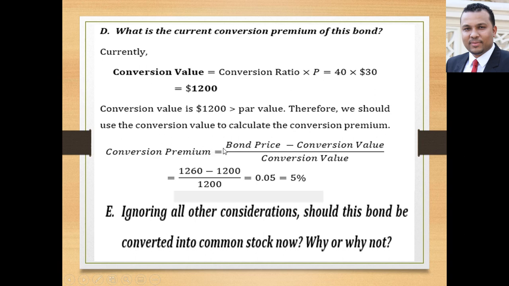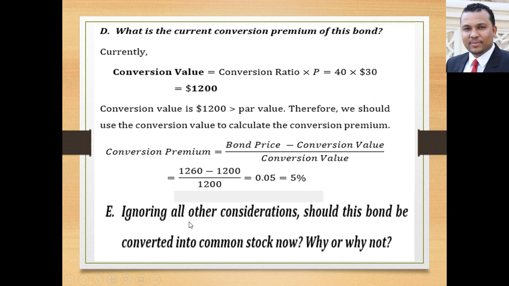So the premium equals the market bond price, $1,260, minus the conversion value we calculated, $1,200, so the conversion premium equals 5%. This is the conversion premium at the beginning of year 3. We use the conversion value because the conversion value, $1,200, is greater than the par value.